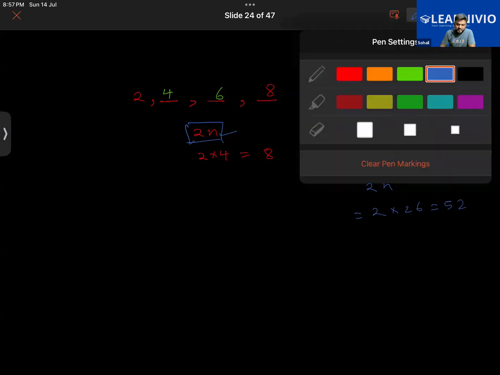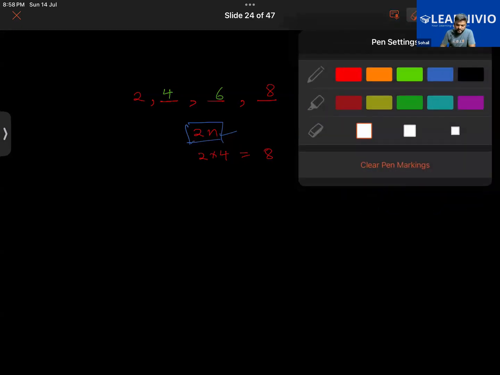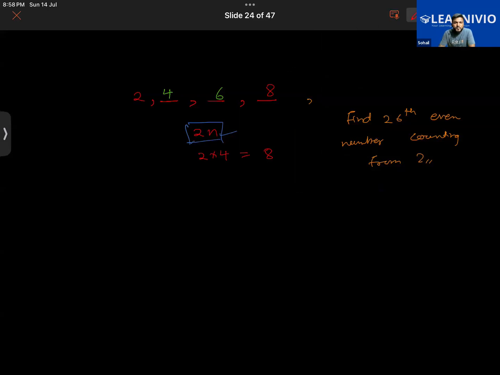So that is just another observation. What is 2n over here? See, basically, for example, a question is asked: find the fourth even number counting from 2. So how do you find that out? You would simply multiply 2 with n. Over here, in place of n, you will put 4, and you'll get the answer like this.